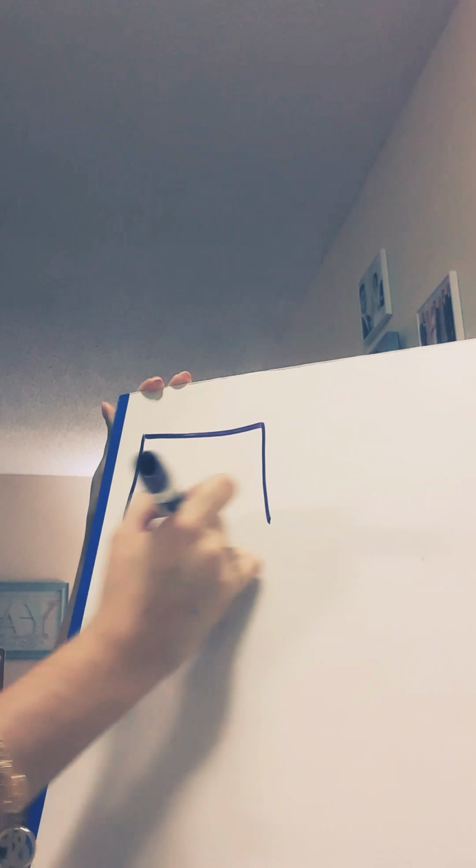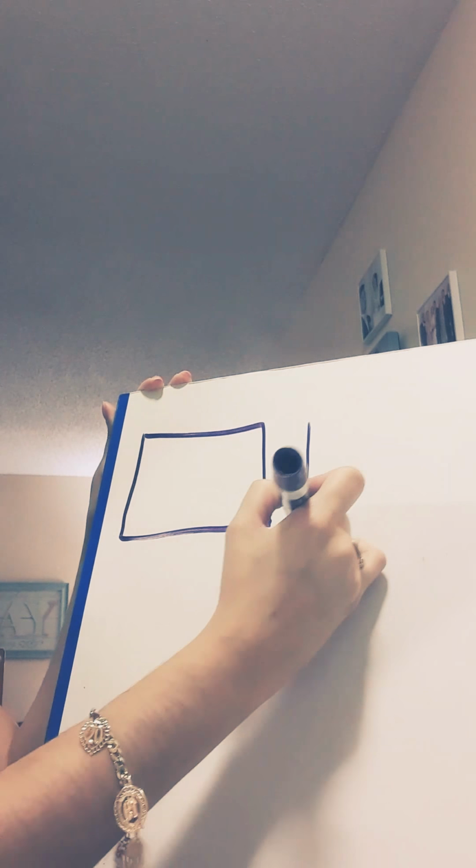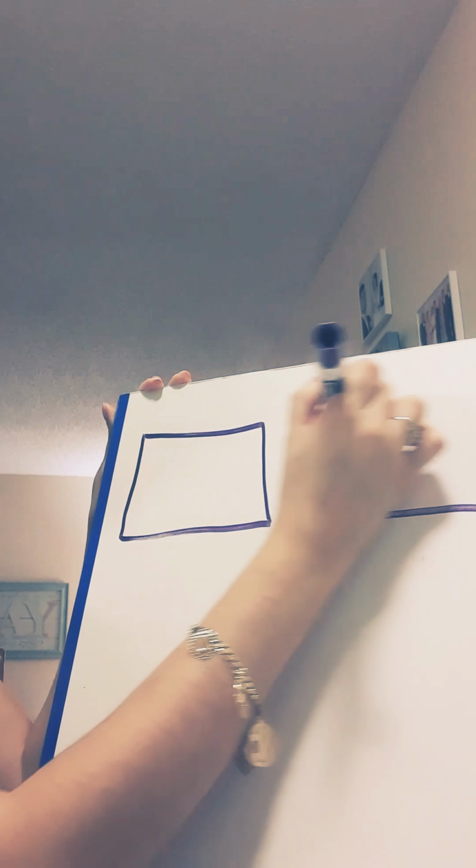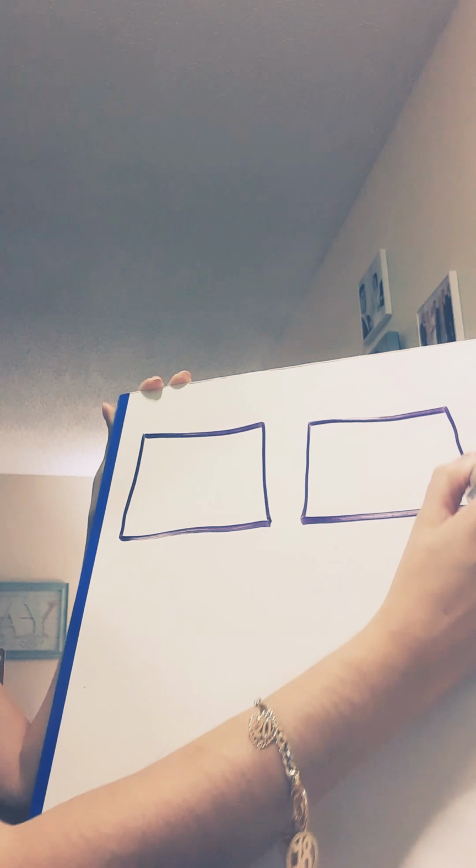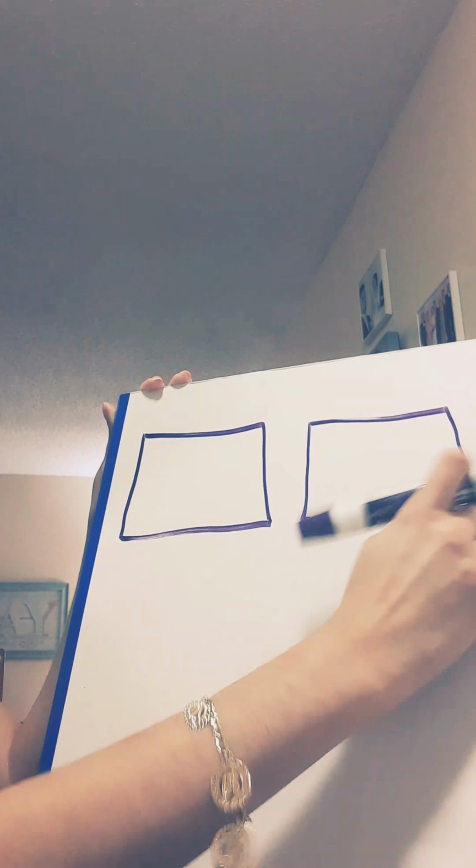Okay, so I'm going to kind of turn this over here towards this board. Okay, so you have your two squares, right? So these represent your two sandwiches. 1, 2.